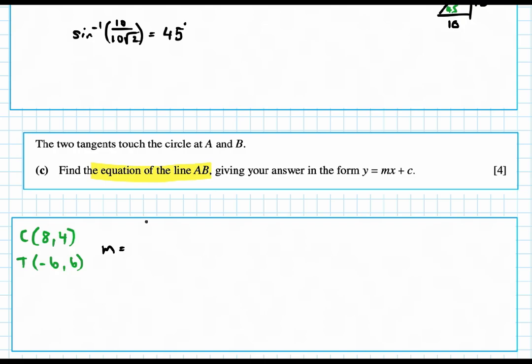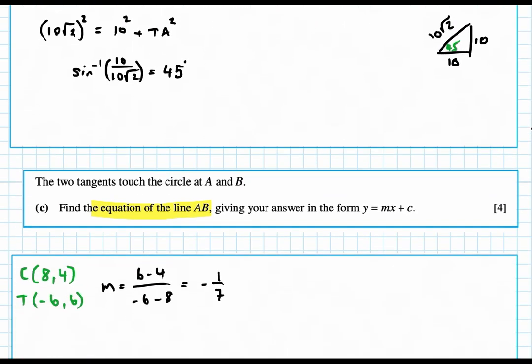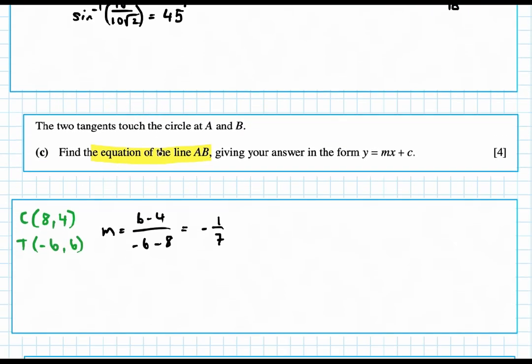So there's our 2 points, C and T. So 6 minus 4 all over minus 6 minus 8, 2 over minus 14, which is minus 1 over 7. From there we know it's perpendicular. So the perpendicular gradient, you can do the negative reciprocal, is 7.